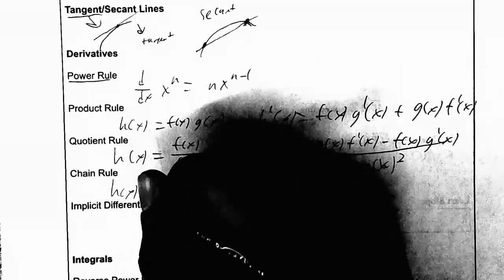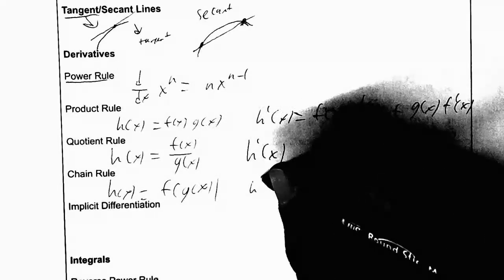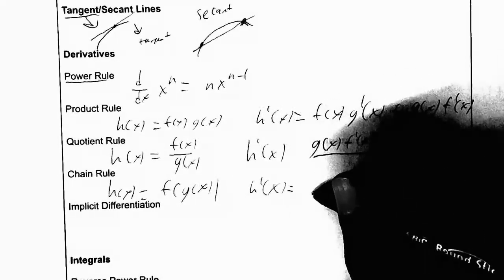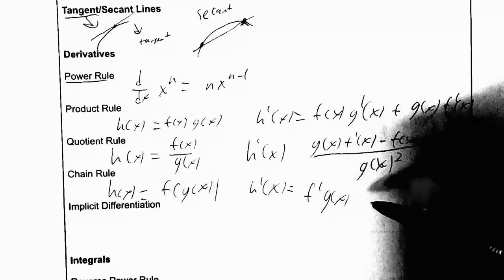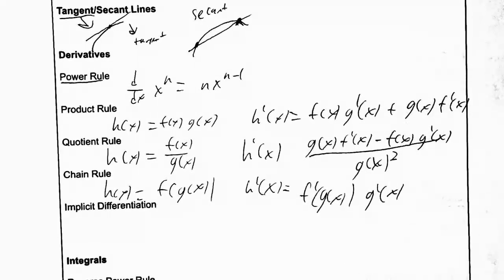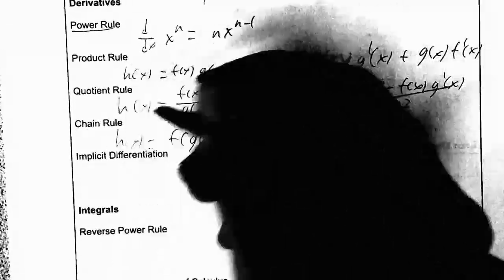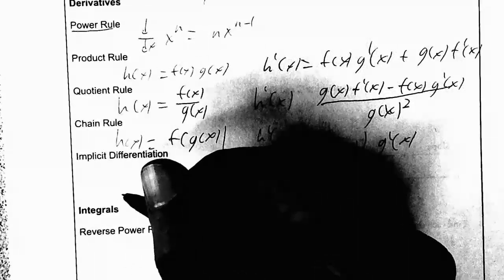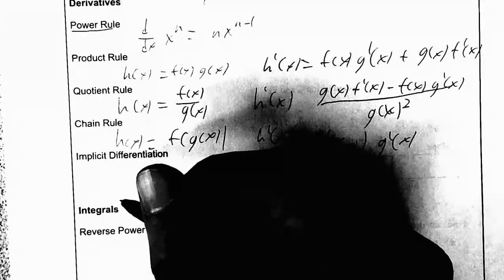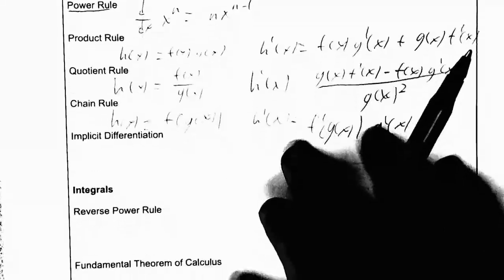If h of x equals f of g of x, then the derivative is f prime g of x, g prime of x. Okay, implicit differentiation. We'll get to a problem that does this. I'll walk through the steps later. Implicit differentiation is better solved with an example.